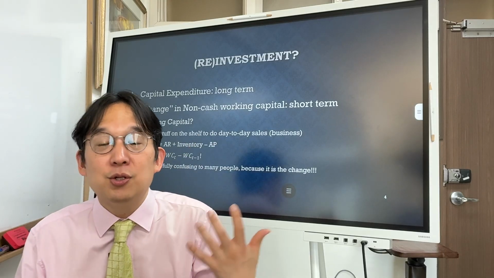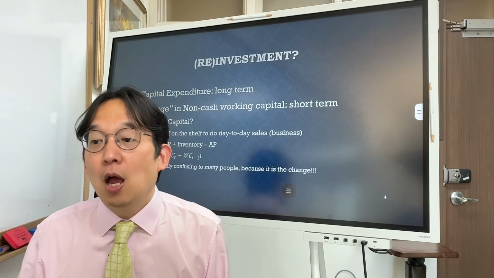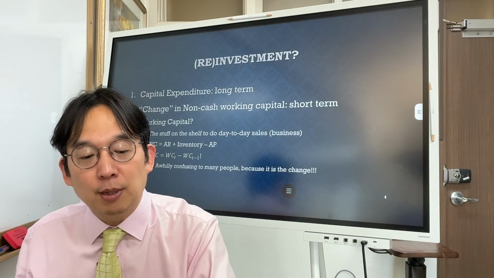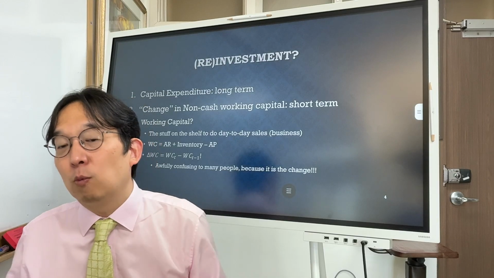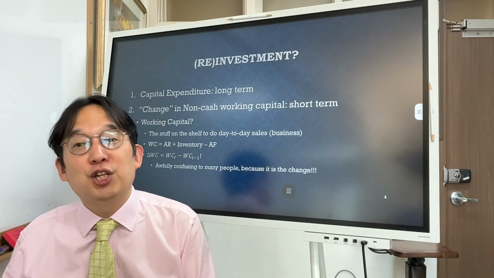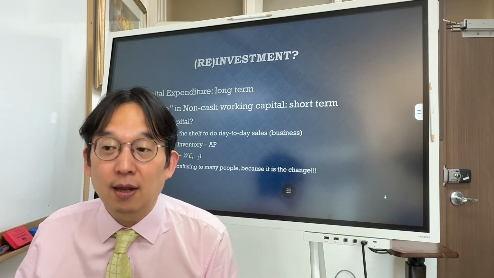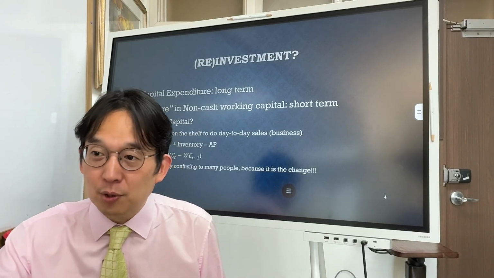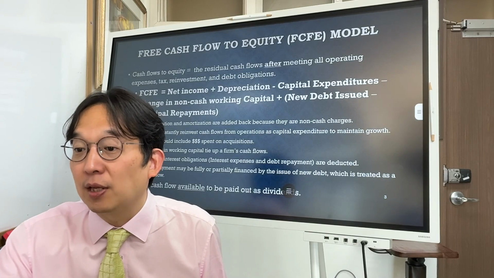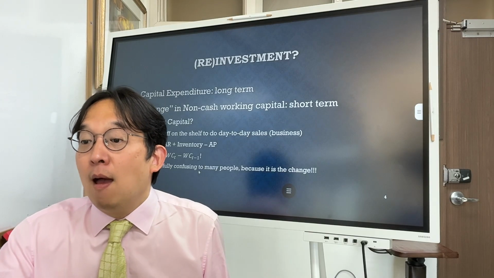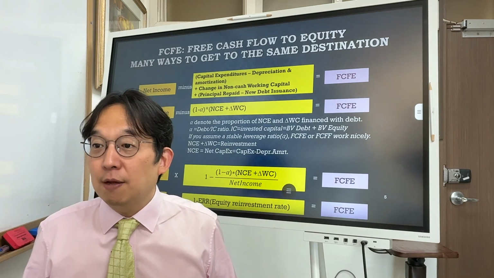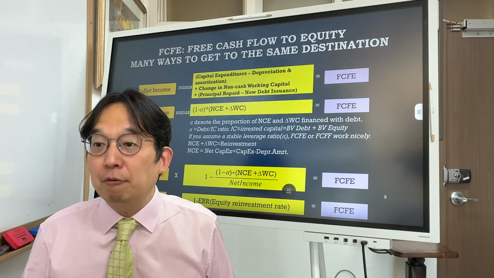It drains your cash flow. So you need to calculate the change amount of working capital. And watch out, this is awfully confusing to many people because it is the change, not the level, that you have to include in the formula over here. Okay, change in non-cash working capital. All right. And then FCFE, this is free cash flow to equity.